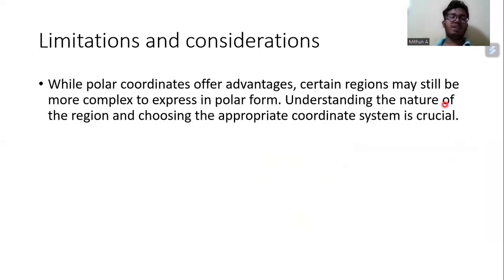So what are the limitations and considerations with polar coordinates? While dealing with polar coordinates, it offers immense advantages, but certain regions may still be more complex to express in polar form. Understanding the nature of the region and choosing the appropriate coordinate system is crucial.